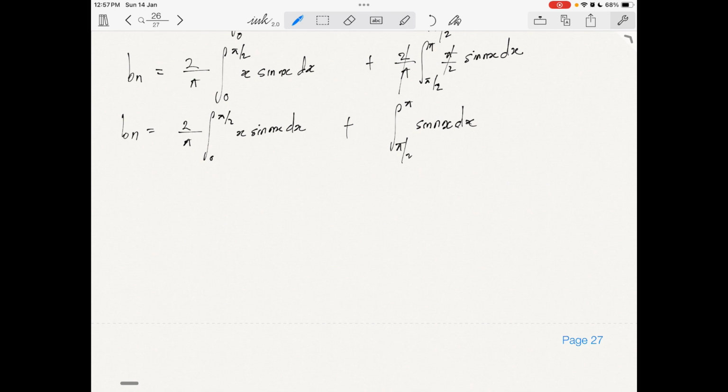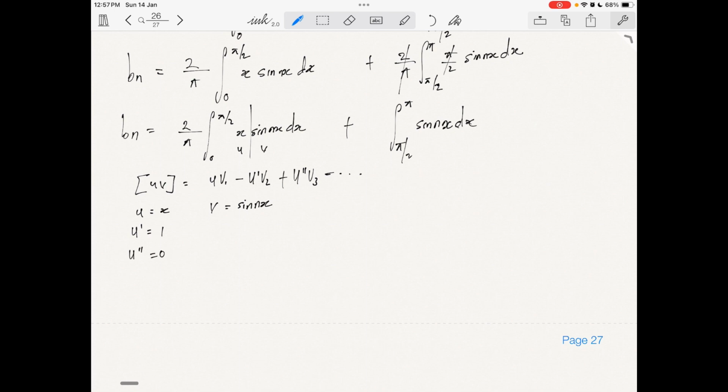Now since bn can be split into 2, and this part contains u and v, we will use uv equals u v1 minus u prime v2 plus u double prime v3, and it continues, where u is equal to x and v is equal to sine nx. So u prime, differentiating x, gives us 1, and u double prime will be 0.